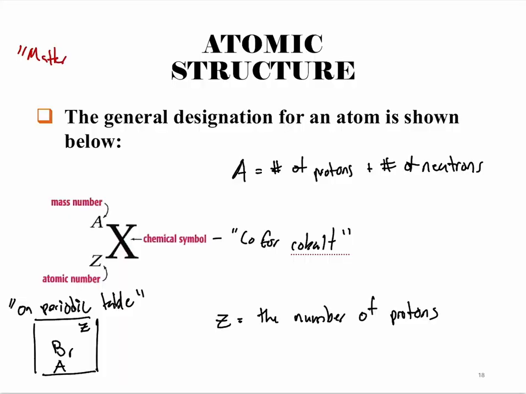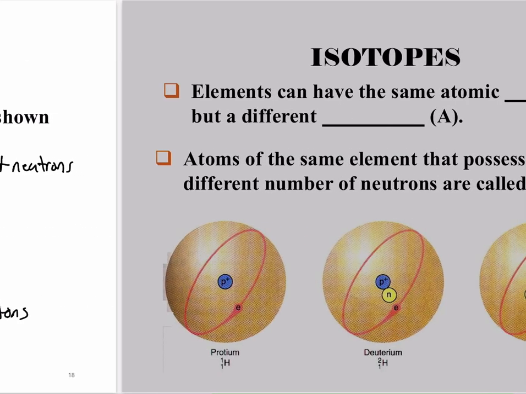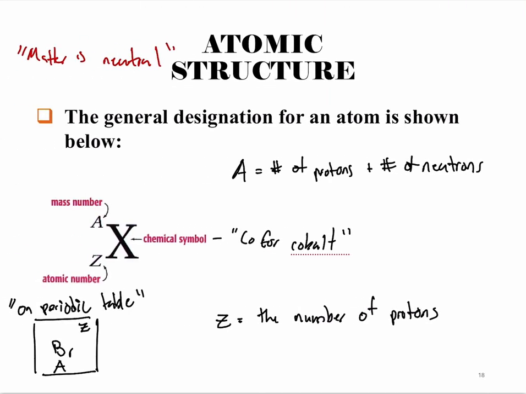Matter is neutral. That means there's no net charge when we say that something's neutral. It means that we have the same number of positive charges as we do negative charges. So how do you think that's related to something here?